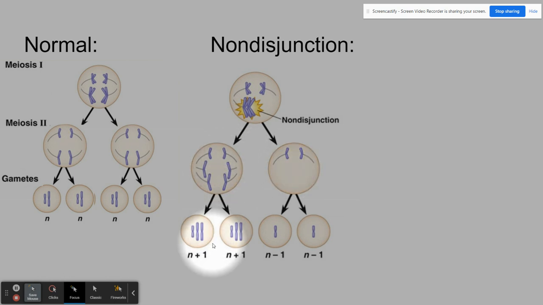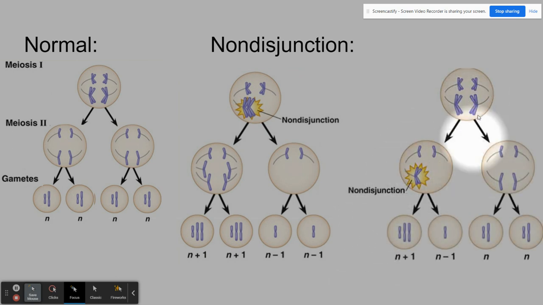All of the ones on the left, because there were 3 pairs, now have 3 chromosomes in each of them. So all of these are going to have extra chromosomes, where the ones on the right are going to have too few chromosomes. And we're going to talk about what happens if these get fertilized in a second, but I just want to show you what it looks like.